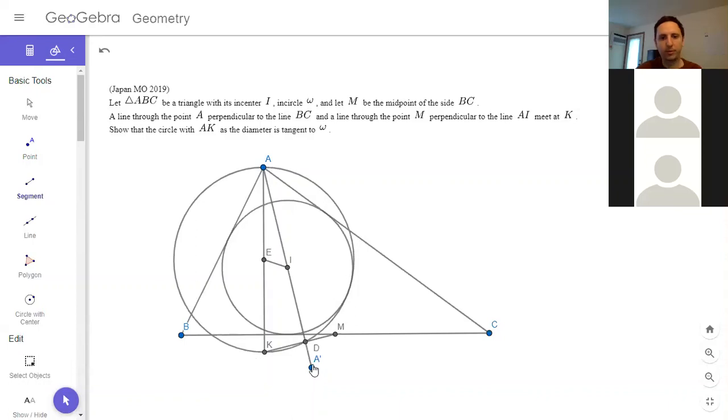So A prime is the reflection of A over I. I'm not sure if that really helps, although it means BA prime is equal to AB. I'll just delete that.